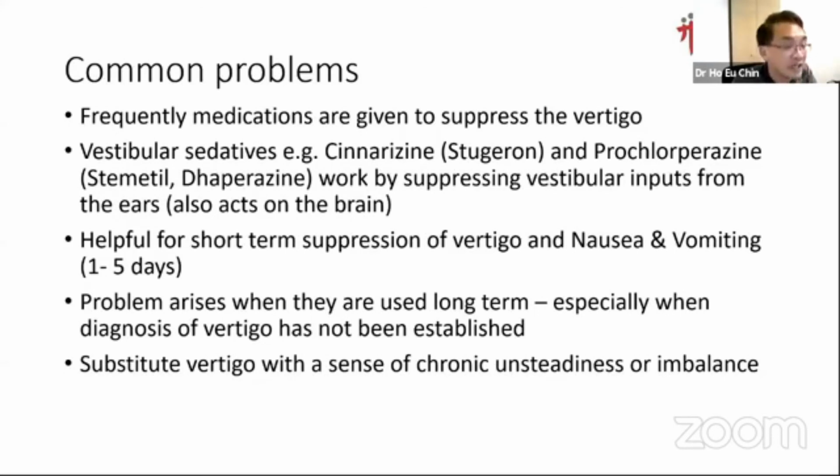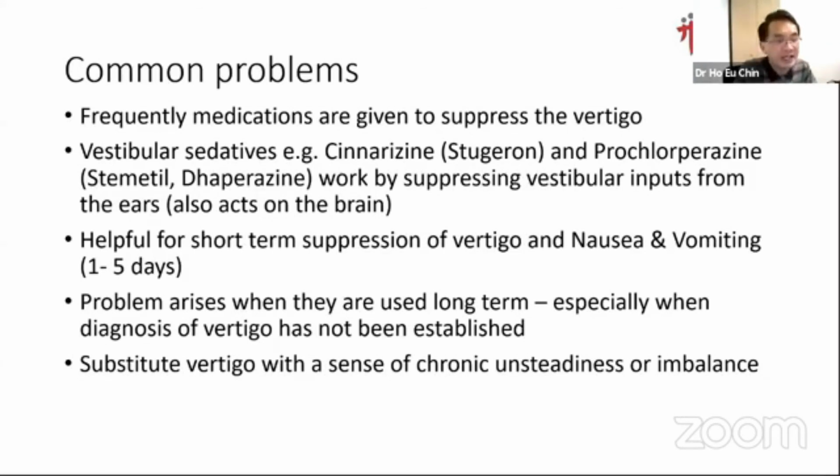But what they complain of is a chronic sense of imbalance and unsteadiness. When they walk, they feel wobbly. And for the older patient, this is dangerous because they may be more prone to falling down. So you are replacing one symptom with another symptom, right? And sometimes patients prefer to be unsteady than to get the vertigo.